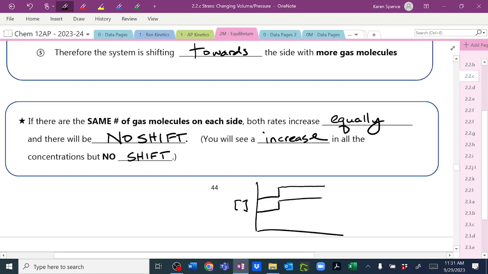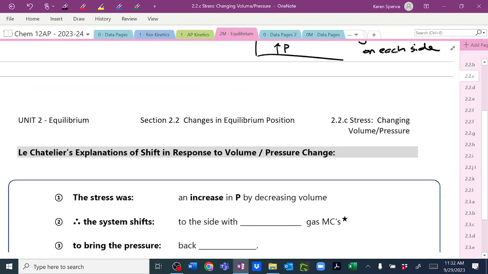They would just go across. Is that good? Okay, cool.